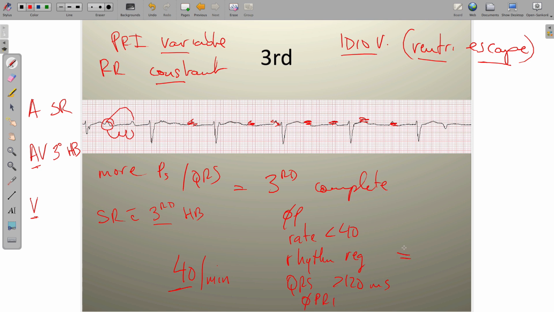These characteristics define idioventricular rhythm. It's wide, it's slow, and there are no P waves.